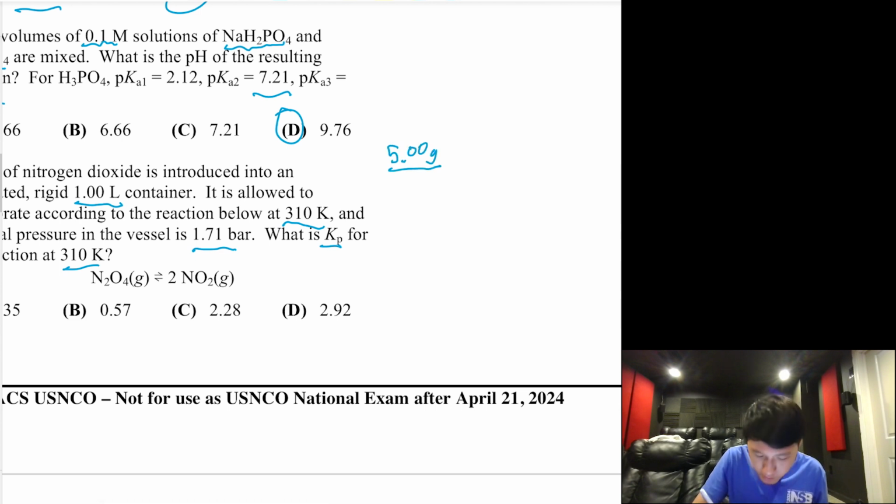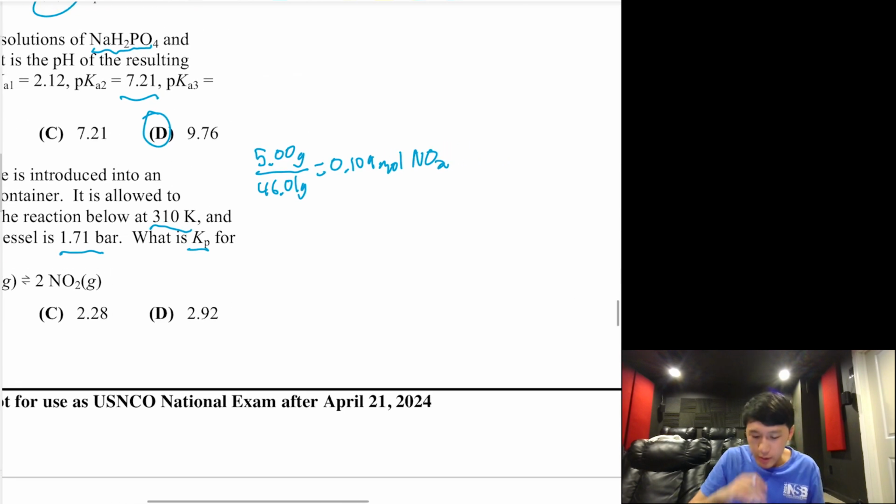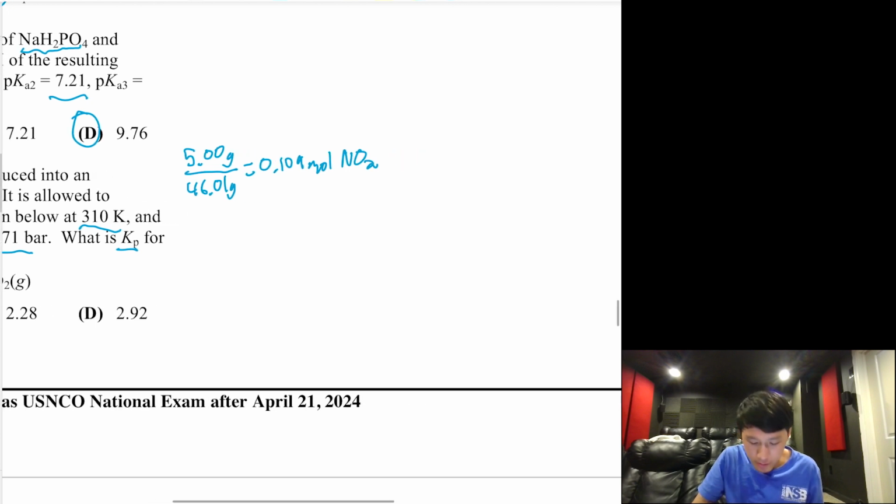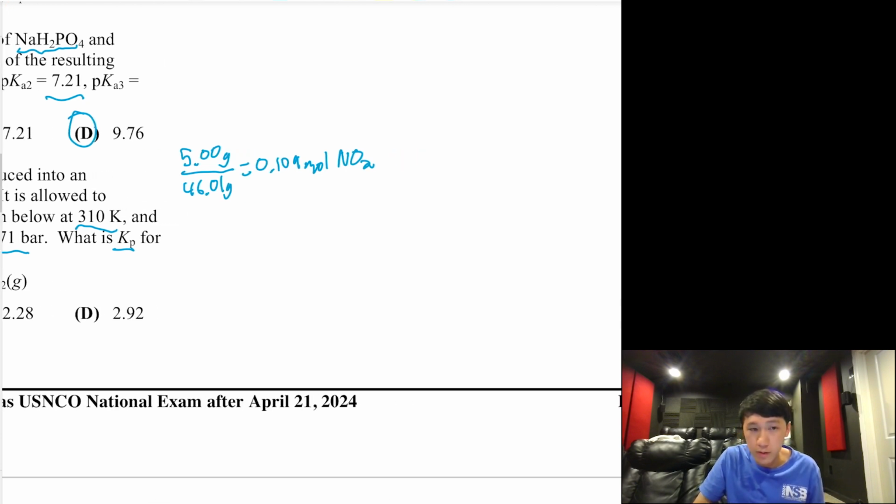and then we're dividing it by the molar mass of nitrogen dioxide, which is 46.01 grams. And this comes out to 0.109 moles of NO2 that we're adding to the reaction vessel. Then, to figure out what the initial pressure of NO2 is, we can use the ideal gas law.